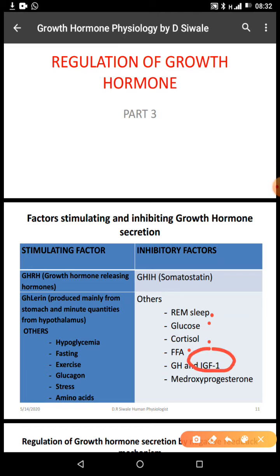They also inhibit. We also have medroxyprogesterone, which also inhibits growth hormone secretion. This is a drug used to treat uterine bleeding or menstrual disorders.